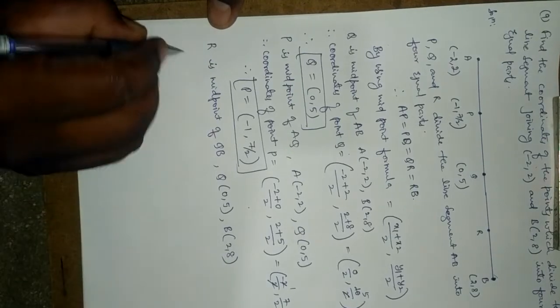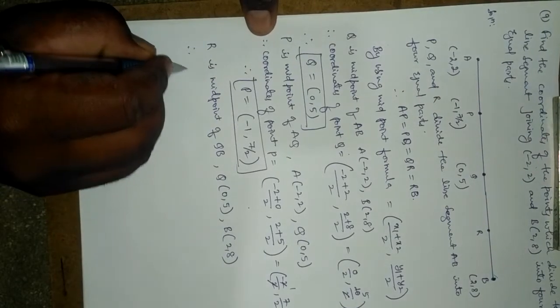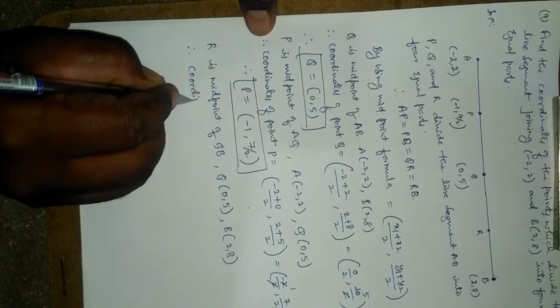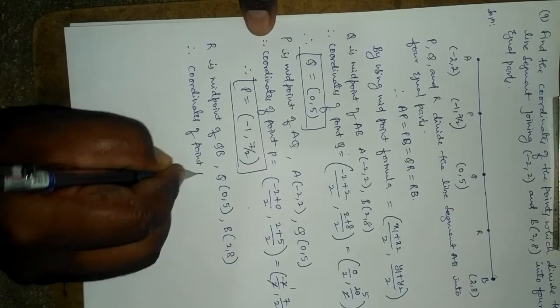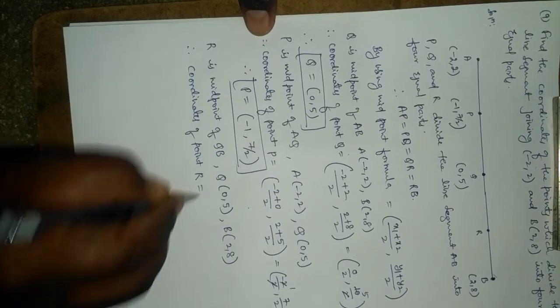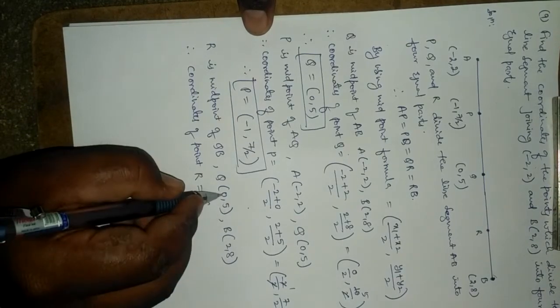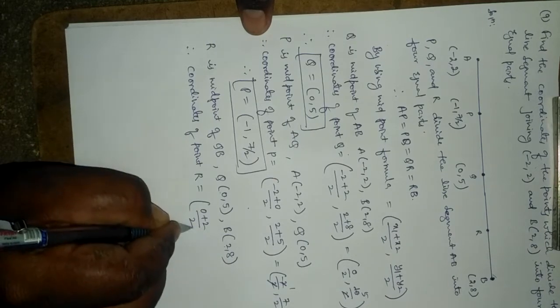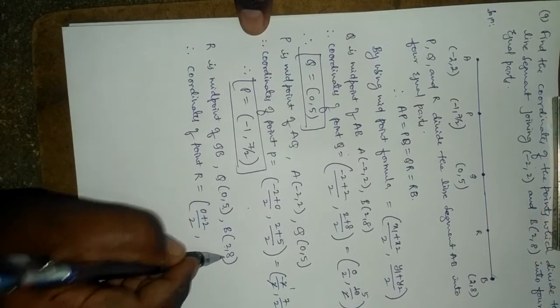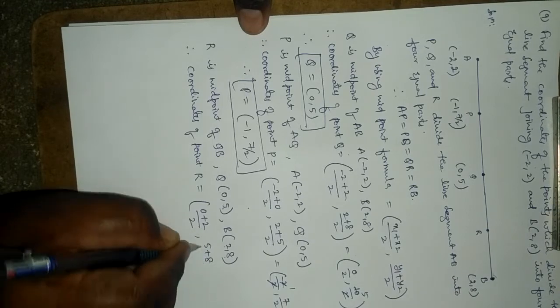So therefore the coordinates of point R are x1 plus x2 by 2, that is 0 plus 2 divided by 2, and y1 plus y2 by 2, that is 5 plus 8 divided by 2.